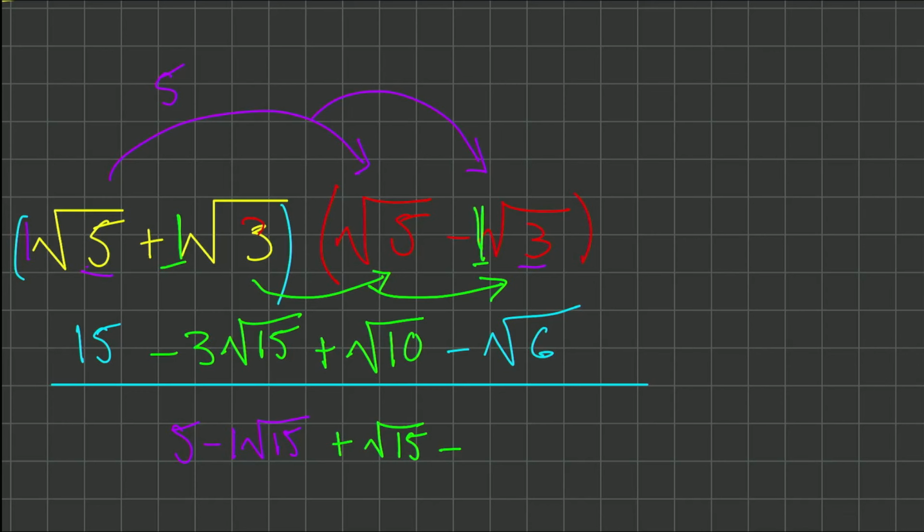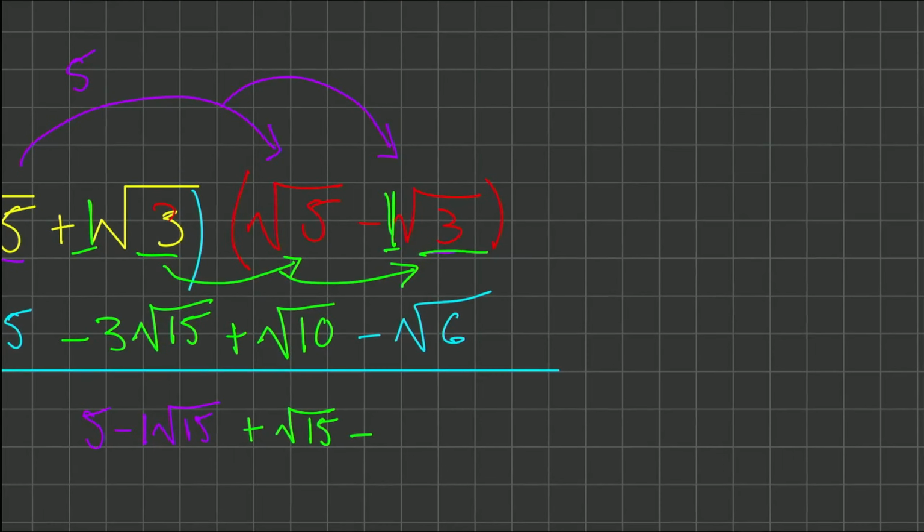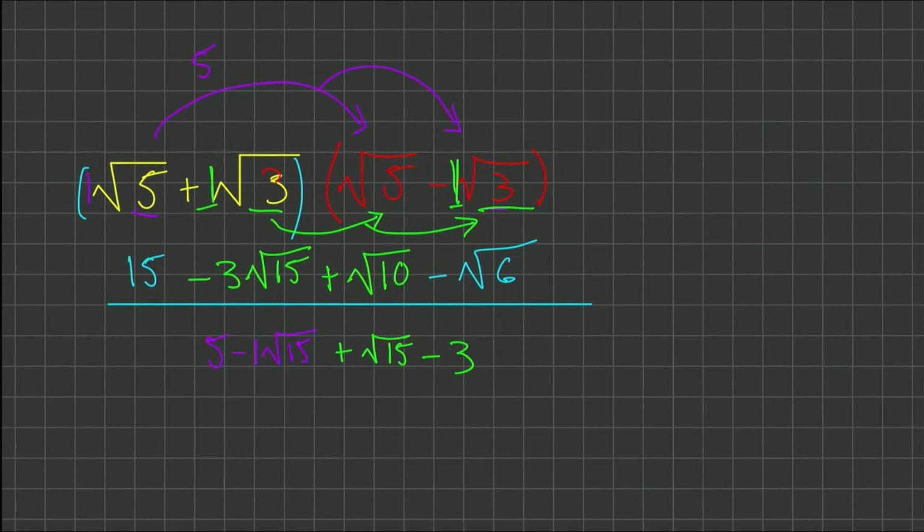And then we have our radicand being multiplied by our radicand, giving us root 3 times root 3. Those root signs cancel out, and they give us 3. So again, you're going to notice something here, that these actually cancel out. You have negative root 15 plus root 15. These are gone. And what you're left with is 5 minus 3 in your denominator. 5 minus 3 simplifies down to 2.